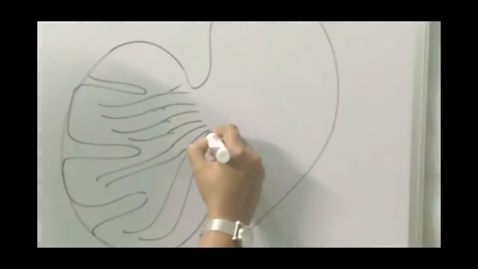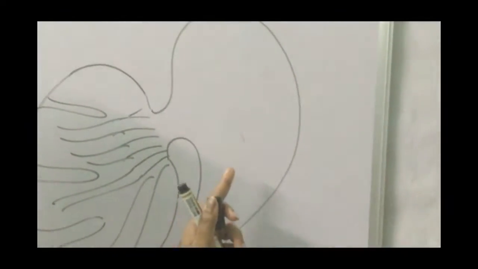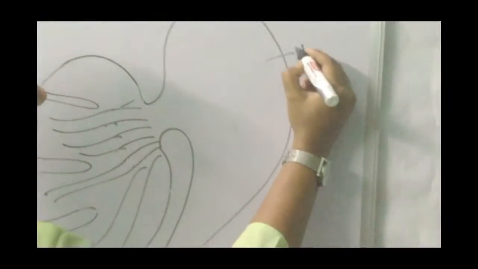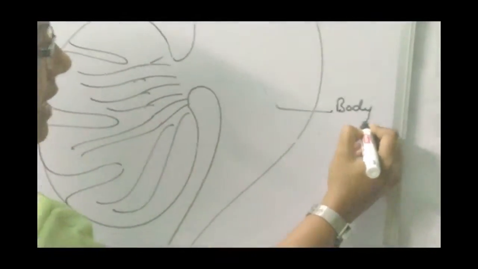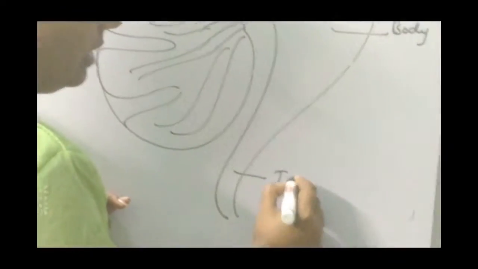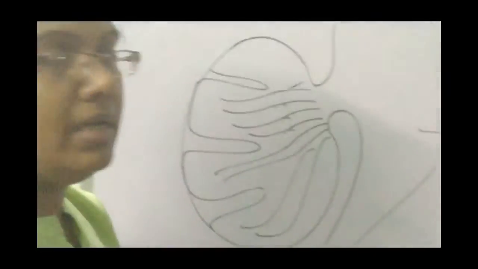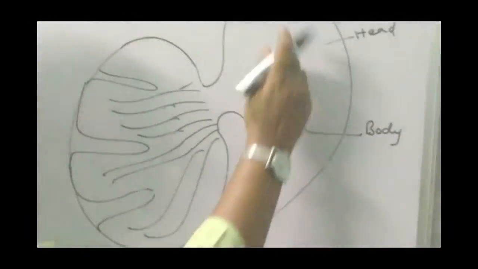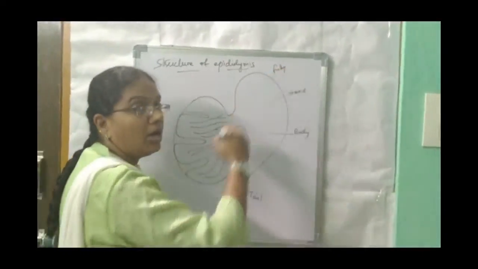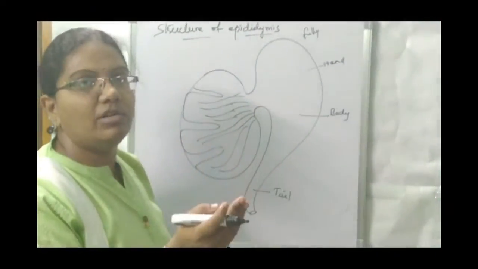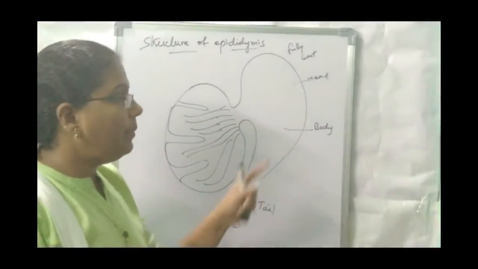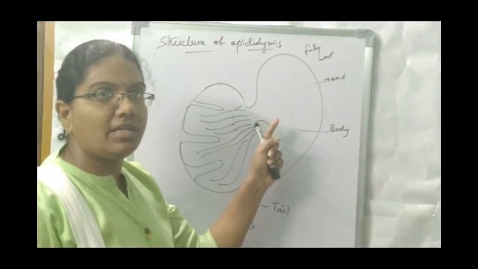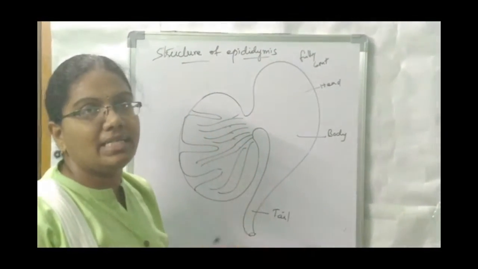This is the epididymis. It has three parts: the first is the head region, second the body region, and third the tail. The epididymis is a fully coiled structure with many folds, up to 6 meters in length.